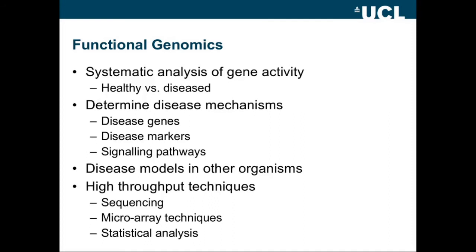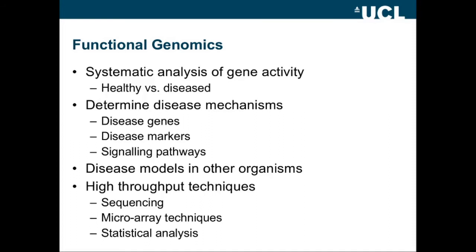And they may also be involved in signalling pathways that are not part of the disease per se, but are again either markers, or if these signalling pathways lead to immune responses such as inflammation, then we can control the effects of the disease without actually interfering with the disease itself.